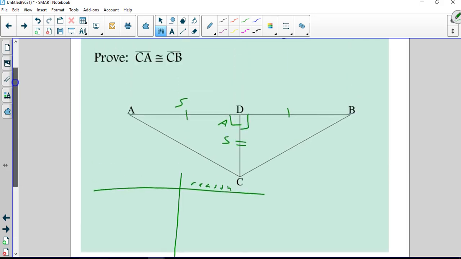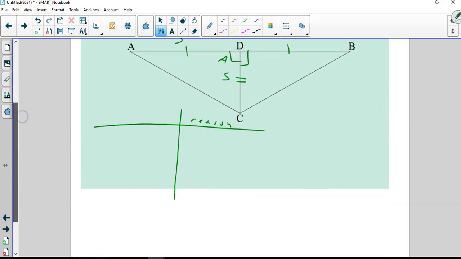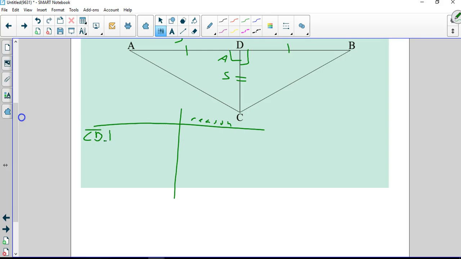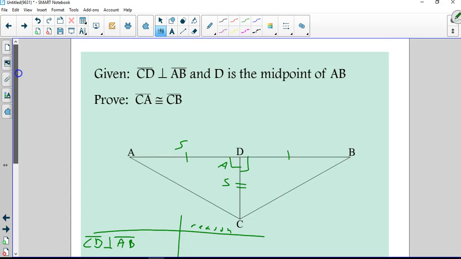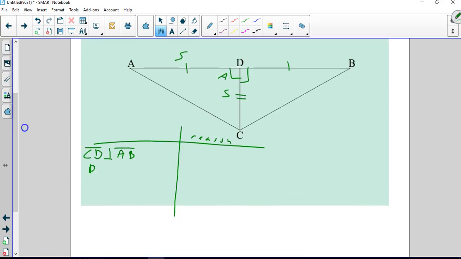So again, our given is CD is perpendicular to AB. Also, D is the midpoint of AB. Given. What did we mark?